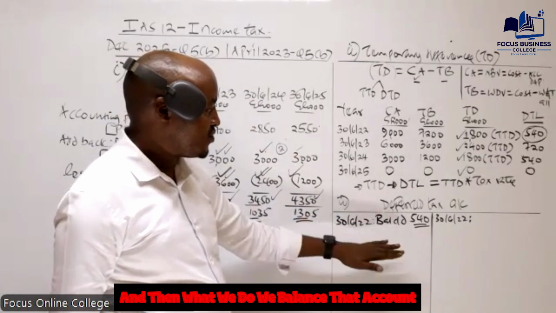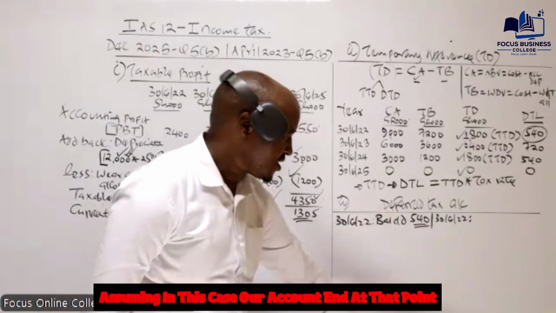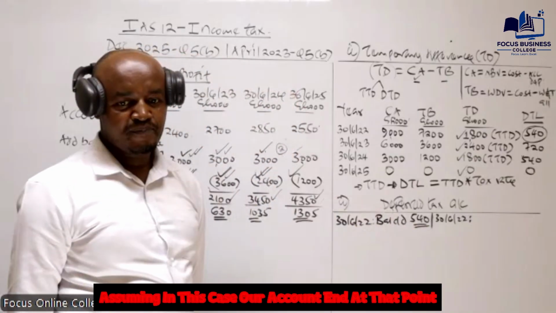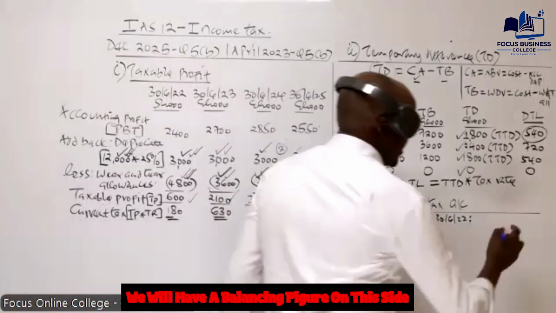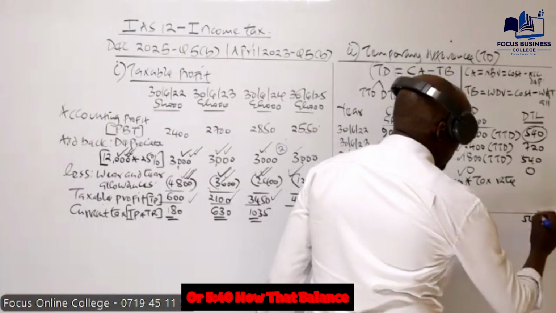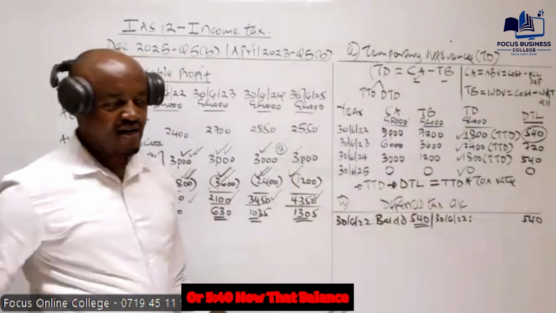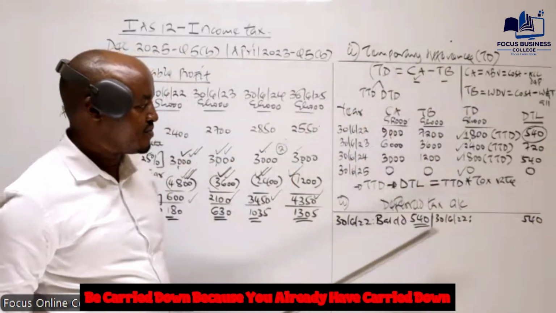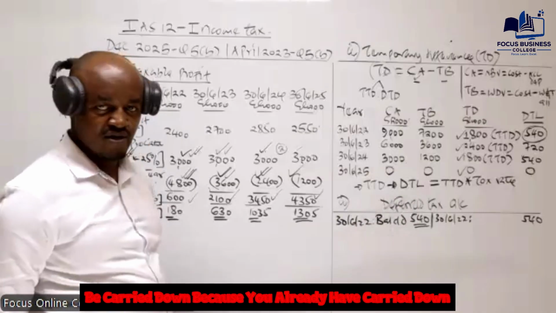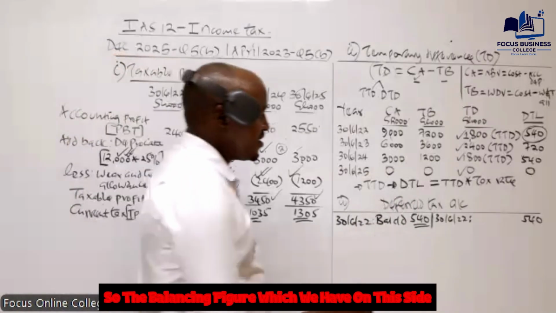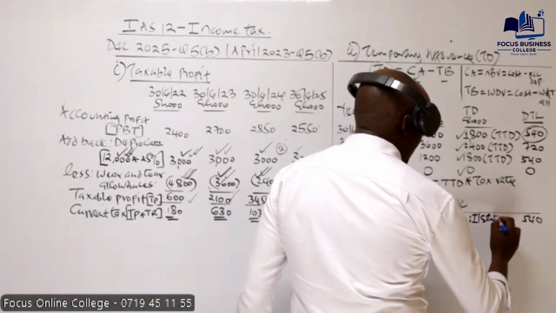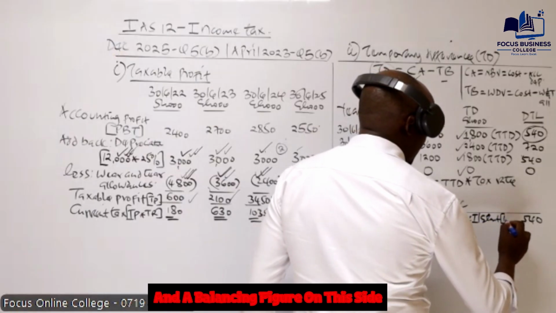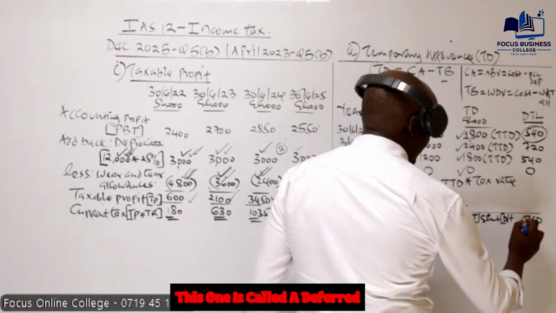Then we balance that account, assuming our account ended at that point. You can see we will have a balancing figure on this side of 540. That balance cannot be carried down because we already have a balance carried down. So the balancing figure on this side, we take to the income statement, and it is called a deferred tax expense.